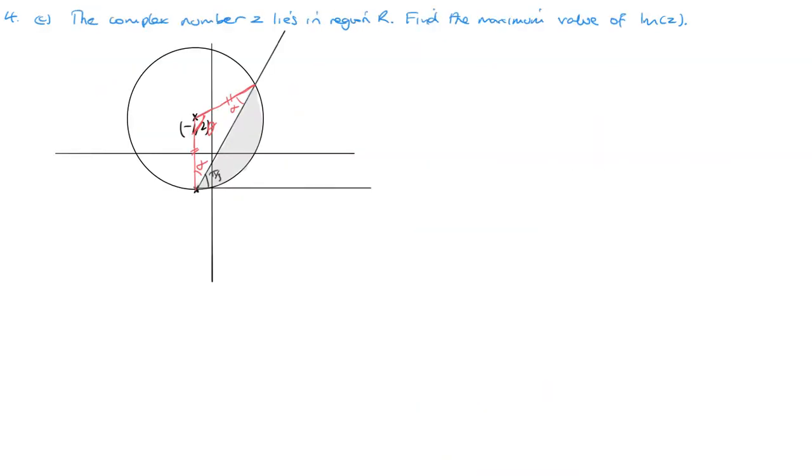So what we need to do is find the equation of this line. I'm not sure if anyone does find an easier way to do this. Please let me know in the comments. But the way I thought of doing it is to find the equation of this line and then basically equate the circle and this line to find out where they intersect.